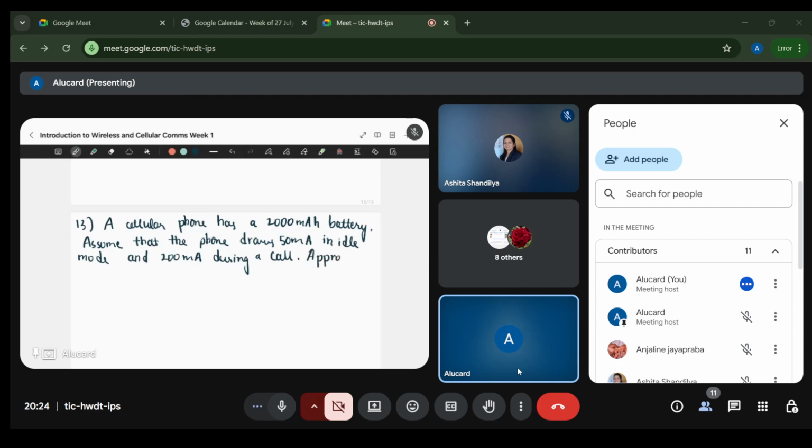Approximately how long would the battery last if the user makes a 4-minute call every hour?